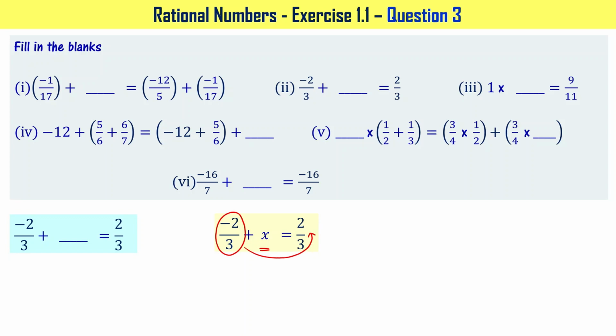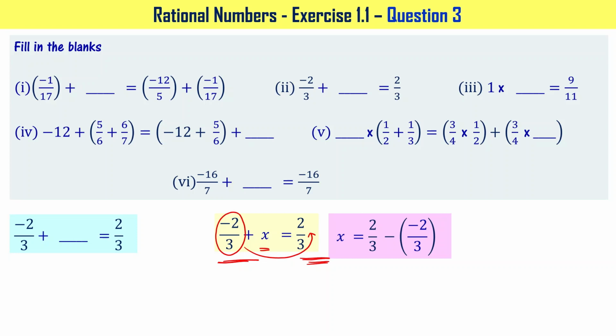Since it is added to x on this side, it will be subtracted from 2 by 3 on the other side. When you do that, x is going to be equal to 2 by 3 minus of minus 2 by 3. What we have done is taken minus 2 by 3 from this side so that it becomes minus of minus 2 by 3 when it comes to the other side.